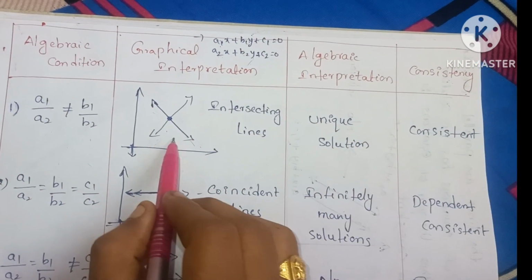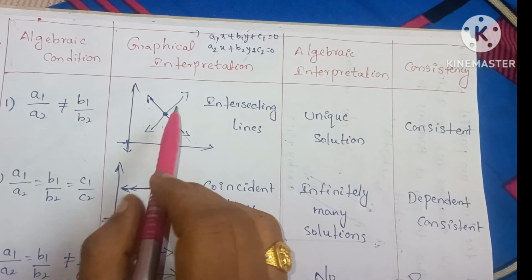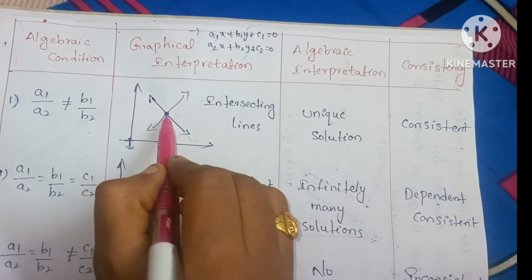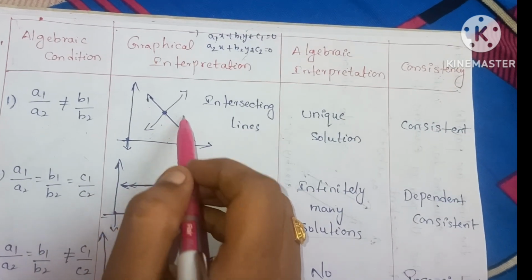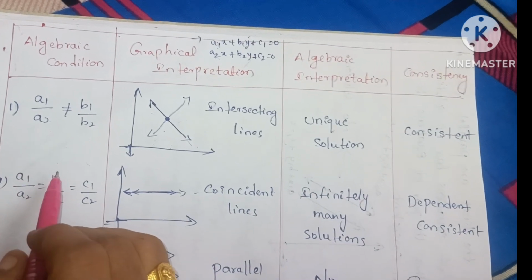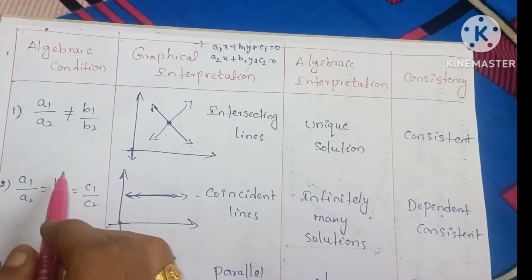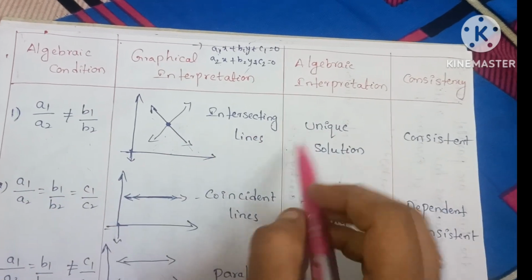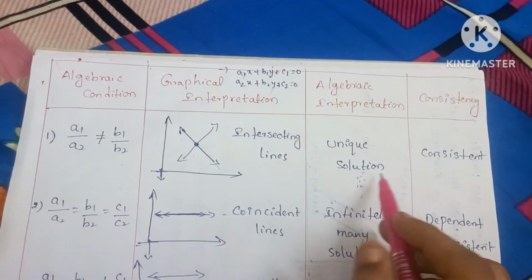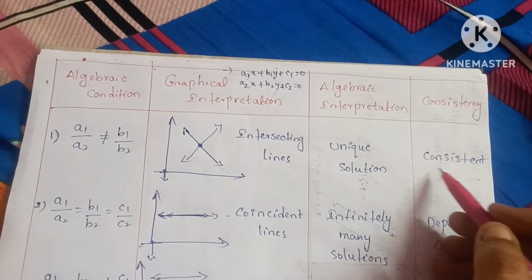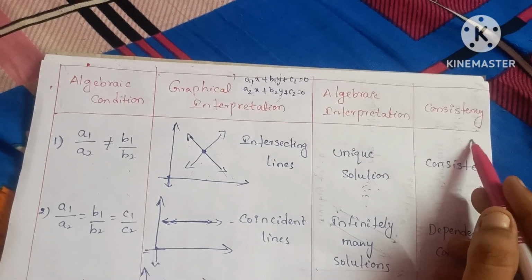In this case, the two lines are intersecting at a point. Graphical intersecting means it will have a unique solution. Unique solution.